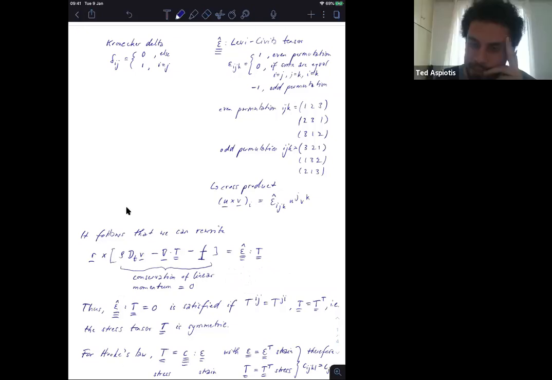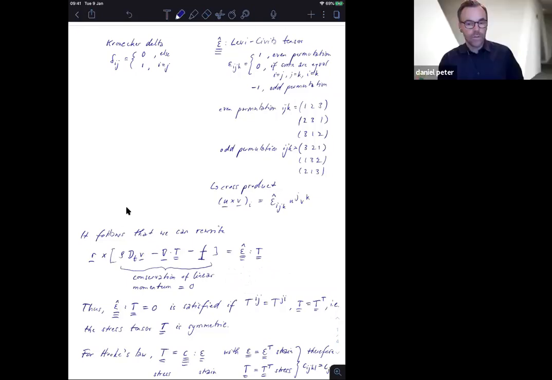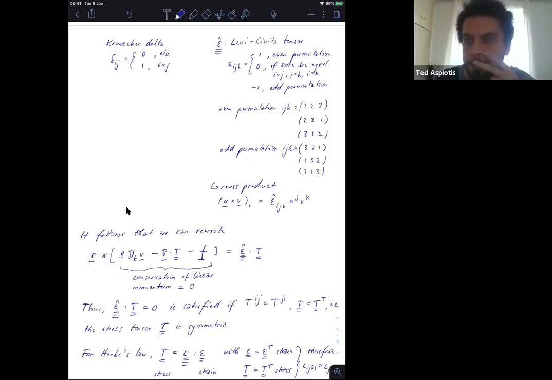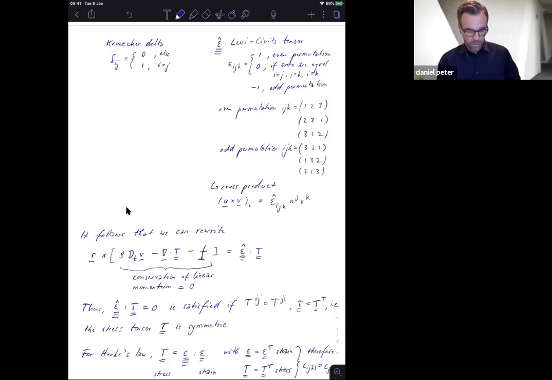Good, then what I would do is finish here with the conservation laws, and we have 15 more minutes. I would say let's get started with the stability analysis.